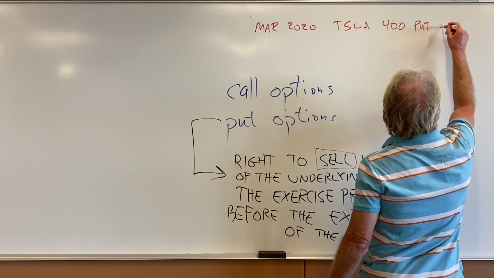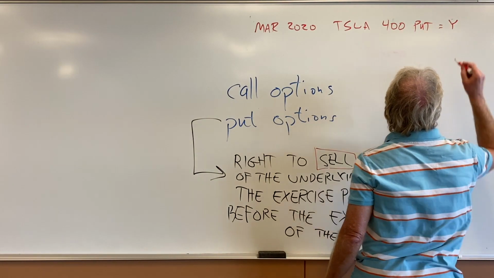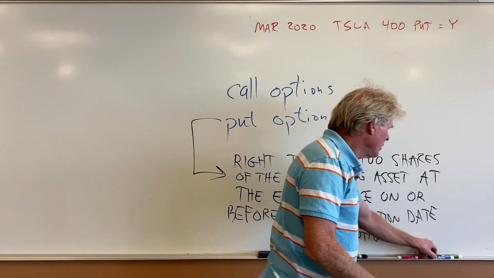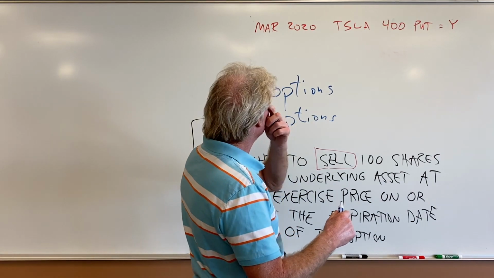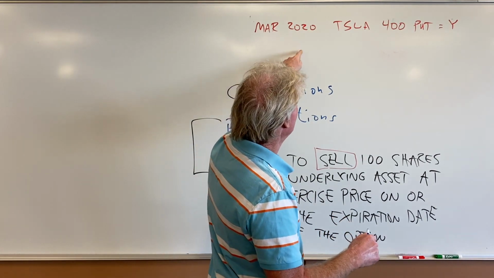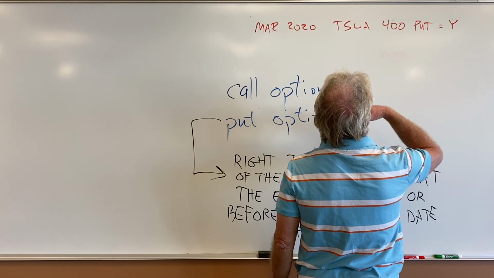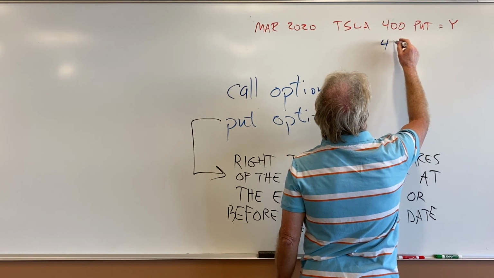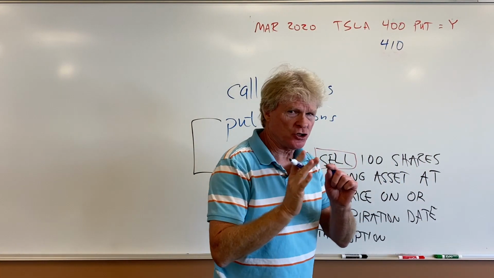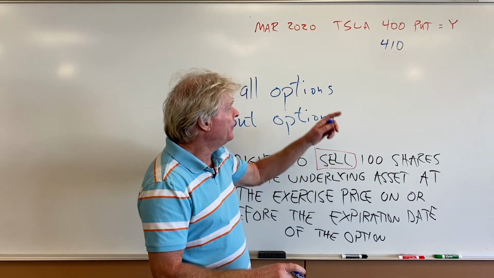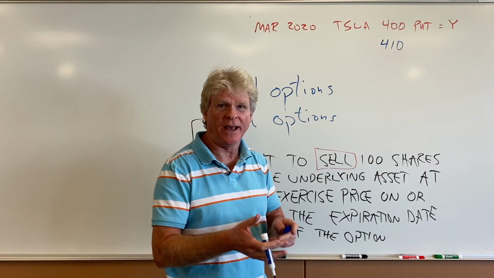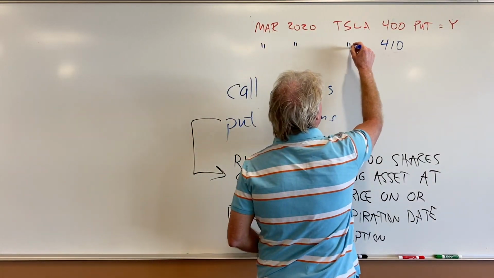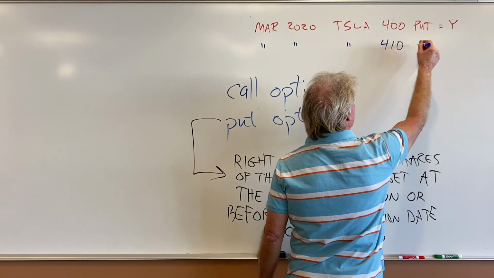We'll call its price Y. And we'll compare its price to another Tesla put, March 2020, but a put with a strike price of 410. When I say price, I mean a strike price, not a market price. The contractual price at which you will be able to sell, 410. So this is a March 2020 Tesla 410 strike price put.